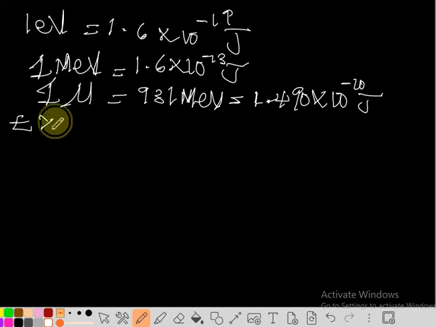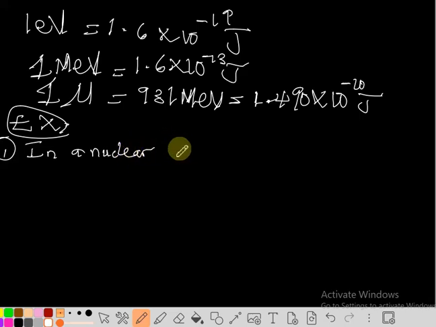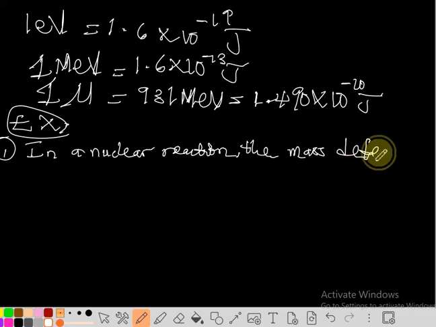So let's quickly look at some examples. Example 1. In a nuclear reaction, the mass defect is 2 times 10 raised to the power minus 6 grams.